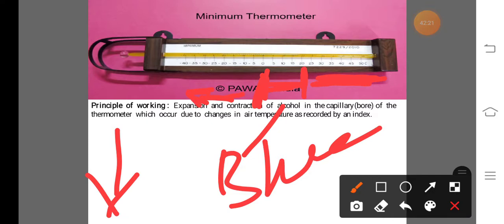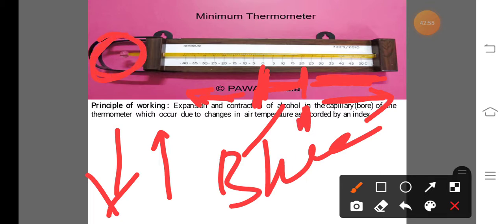And when the temperature of the atmosphere increases, at that time this index stops at the minimum alcohol level or minimum temperature in the atmosphere, but the alcohol goes back towards the original position. And while recording the minimum temperature, the minimum temperature is considered at this point, that means the end opposite to the bulb.